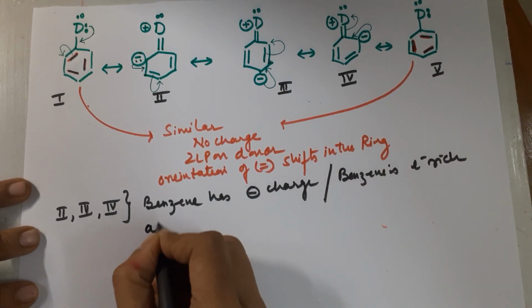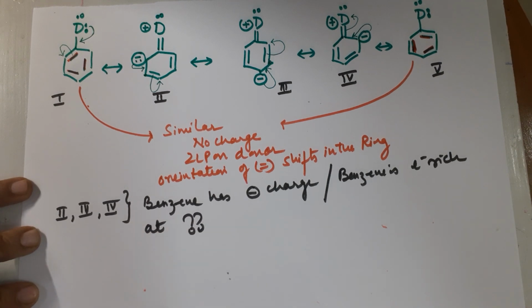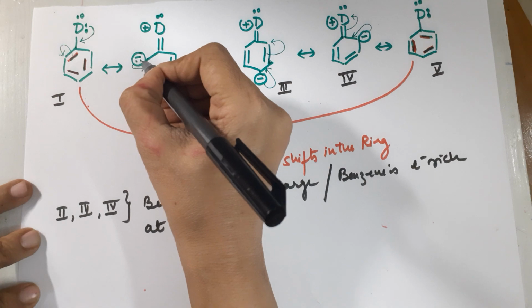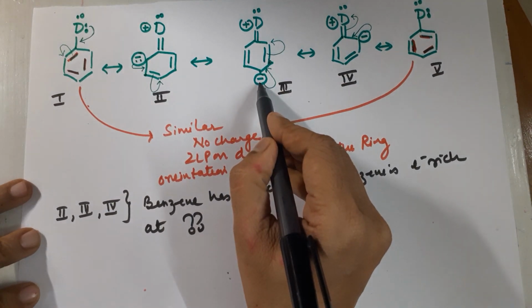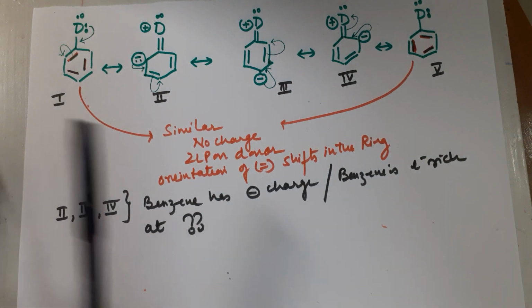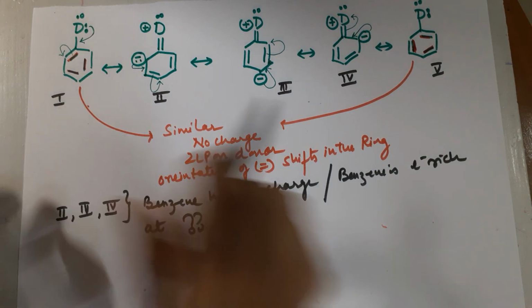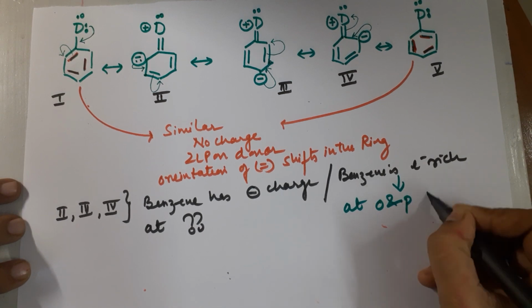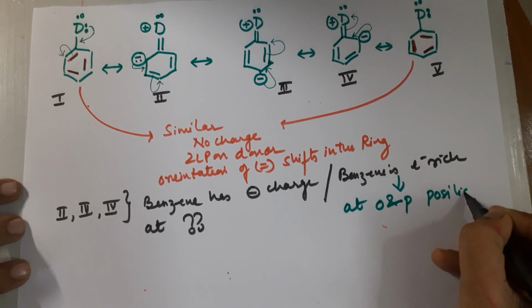At what positions? Which positions do you think have become electron rich? This is called the ortho position. This is called the para position. This is again the ortho position. So, the benzene ring is electron rich at ortho and para positions.